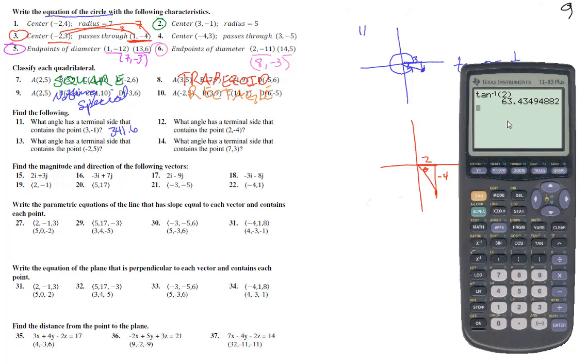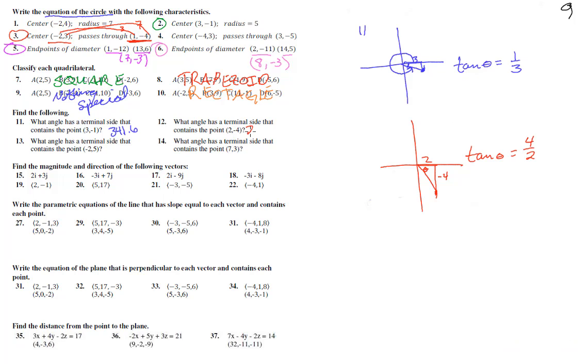In turn, we get 63 degrees. Subtract that from 360. Again, I am subtracting backwards, so the answer is actually the opposite of this, 296.6. 296.6, and we're in degrees. Make sure that in your calculator you know whether you're doing radians or degrees, and we're staying in degrees for this exercise here.